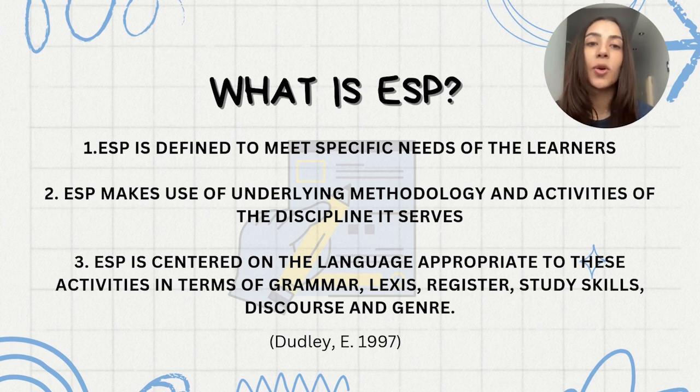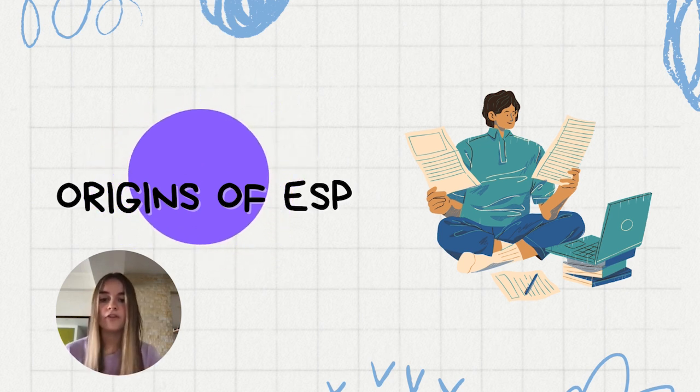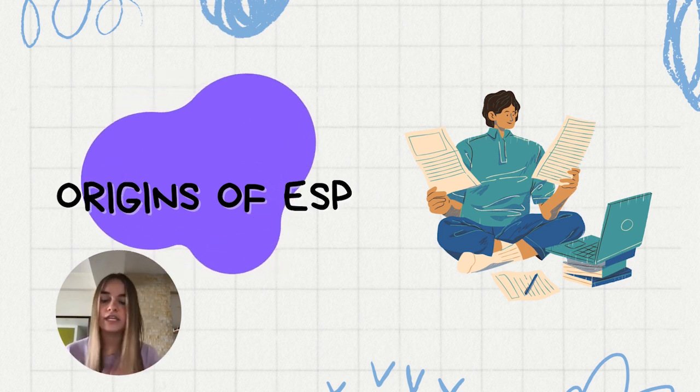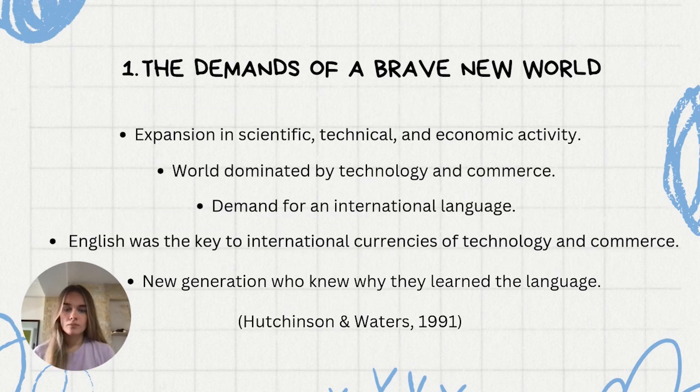ESP was born through a series of causes that my partner Juliana will explain. Moving on to the origins of ESP, there are three main elements that caused ESP to emerge. Firstly, we have the demands of a brave new world. After the Second World War, there was an expansion in scientific, technical, and economic activity on an international scale. This created a world dominated by two main forces, technology and commerce, which generated a demand for an international language.